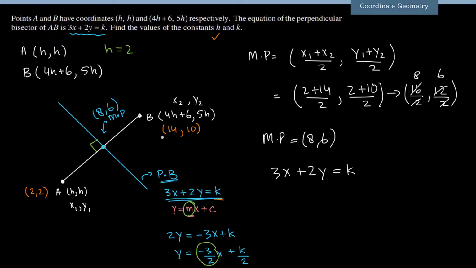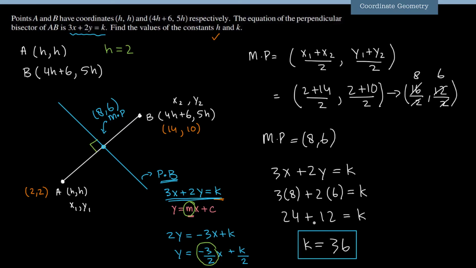The value of x is 8 and y is 6, so 3 times 8 + 2 times 6 = k. 3 times 8 is 24 and 2 times 6 is 12, so k = 36. So this is my answer: h is 2 and k is 36.